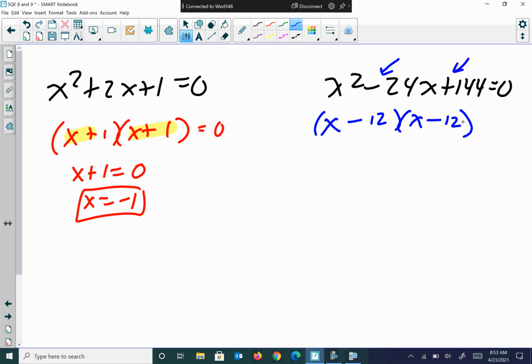Negative 12 plus negative 12 is negative 24. I only have to list it once because I had the same binomial. Seem good? Cool. Can I move on?